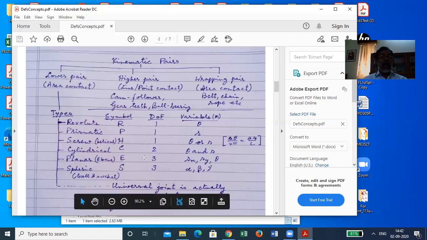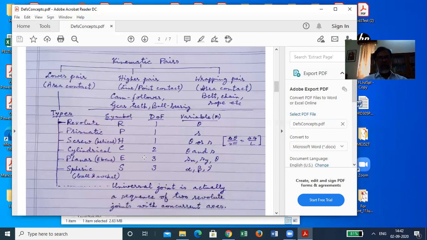Now, as I told you, several kinds of things were classified as joints, so people wanted a word other than joint to classify technically what they wanted, and so they called it pair.